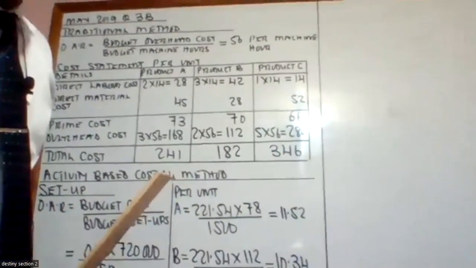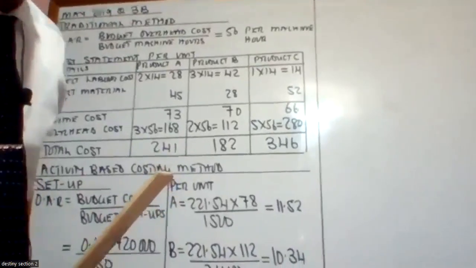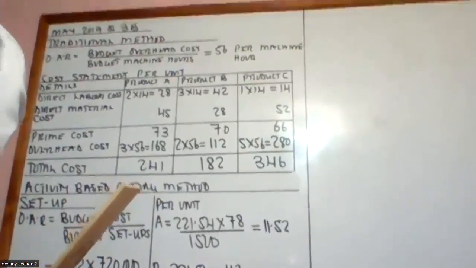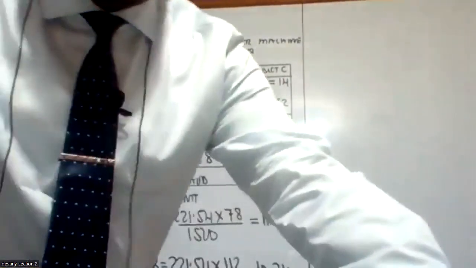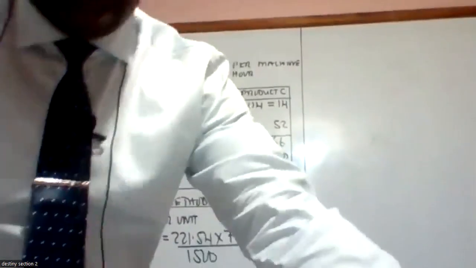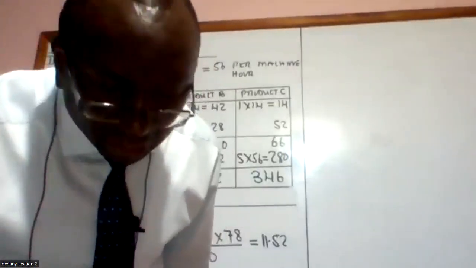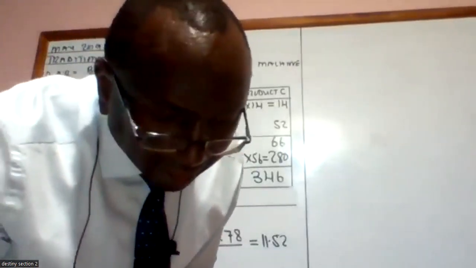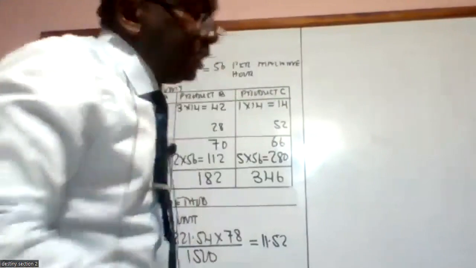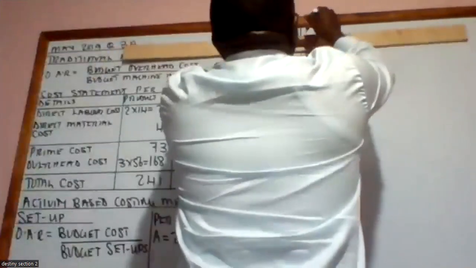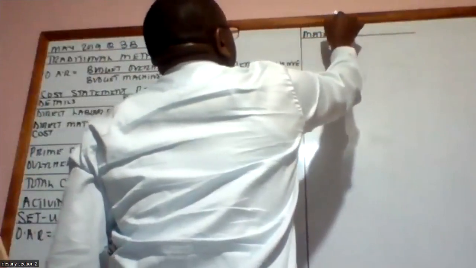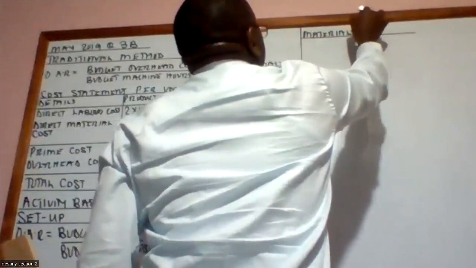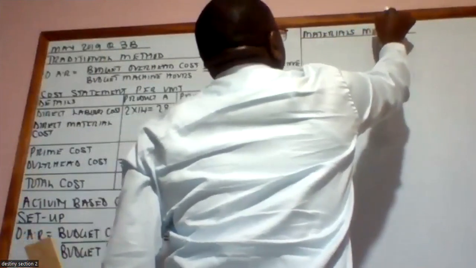Let us go to the next one. The next cost pool is materials movement. Materials movement, not cost driver, the cost pool.